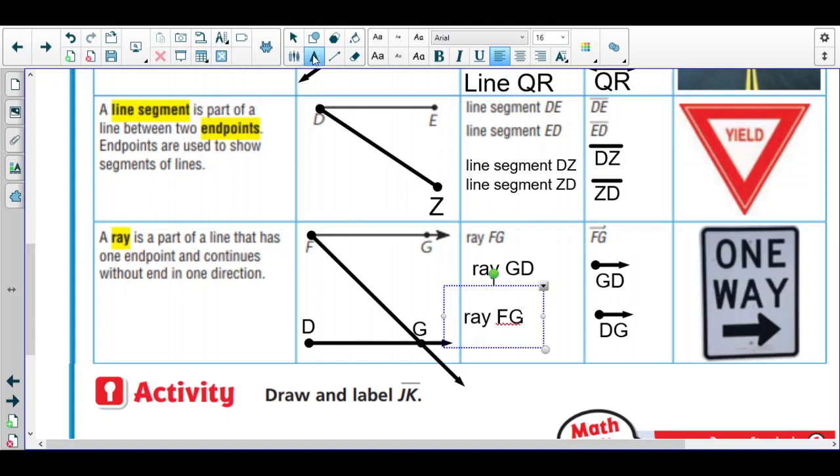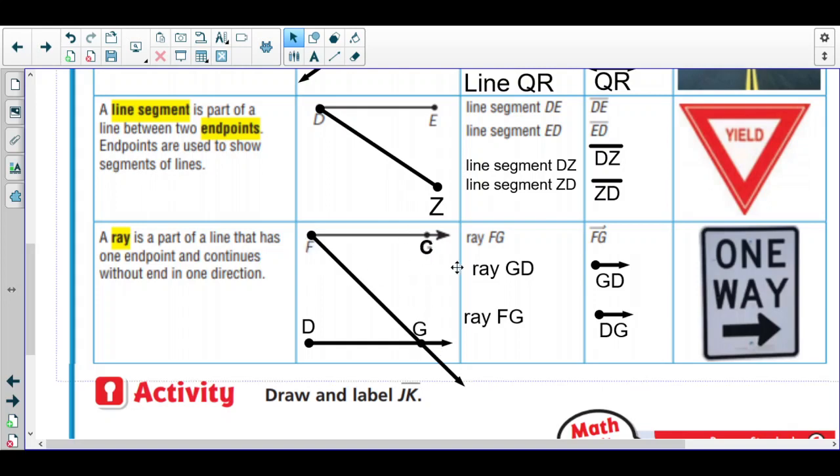And let's just say, because I did not see this up here, this is not going to be a G. We're going to turn that into a C, because we cannot have the same letters in the same kind of plane right here. So this would be ray FC. Right here we have FG. All right, so we would say ray FG.